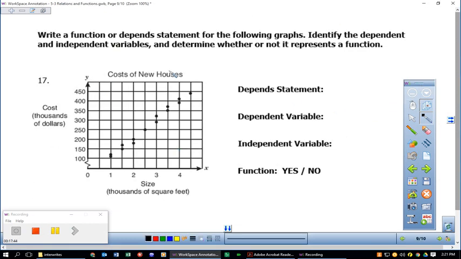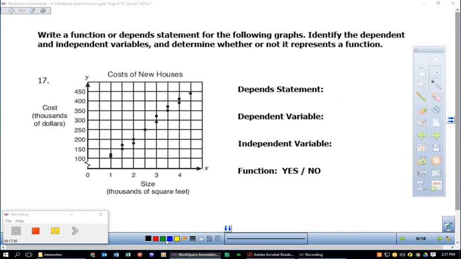Okay, 17. First, we have to identify the dependency statement, dependent and independent variables. It's not too bad because we know that the dependent variable is always on the y-axis and the independent variable is always down here on the x-axis. So our dependency statement is going to be that cost depends on size.